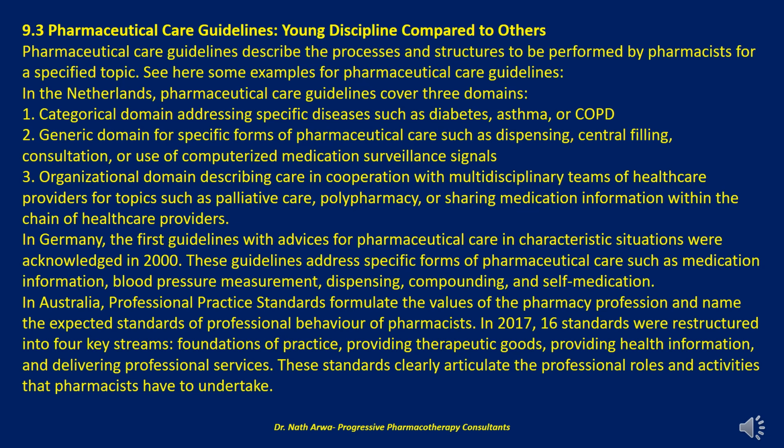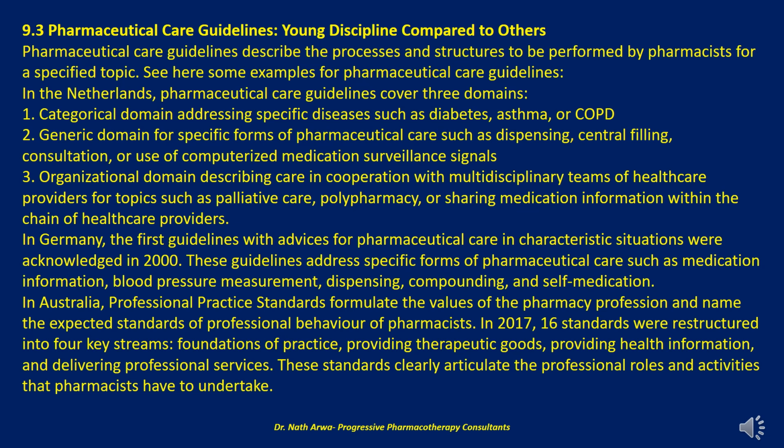Generic domain for specific forms of pharmaceutical care such as dispensing, central filling, consultation, or use of computerized medication surveillance signals. 3. Organizational domain describing care in cooperation with multidisciplinary teams of healthcare providers for topics such as palliative care, polypharmacy, or sharing medication information within the chain of healthcare providers.